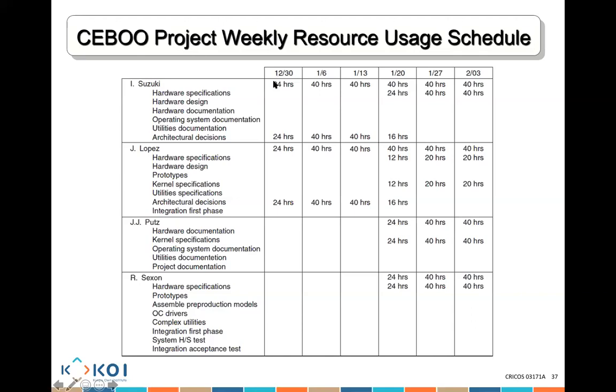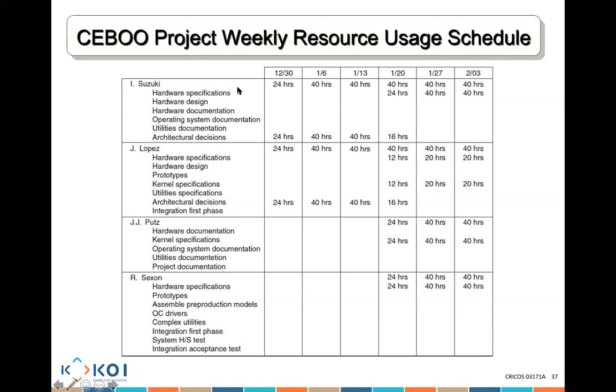He's going to work 20 hours, 24 hours, 40 hours, and 40 hours. But then on the 20th of January, he's going to spend 40 hours of work, 24 of which he's going to be working on hardware specifications, and 16 of which on architecture design. So when I'm allocating cost to my work activities, the cost will only get allocated to the specific activity.